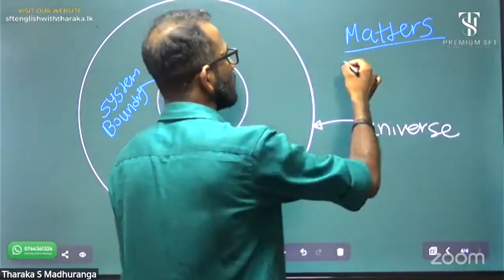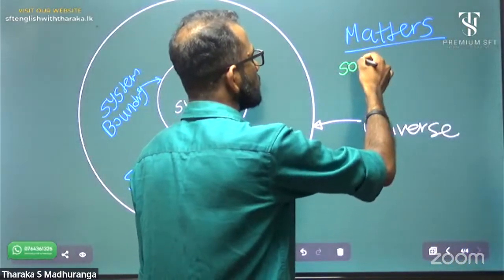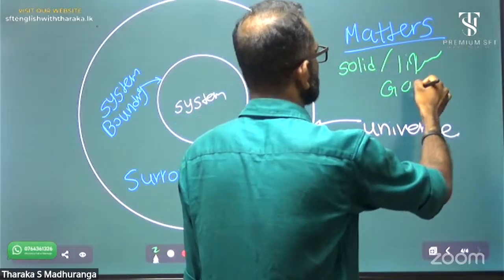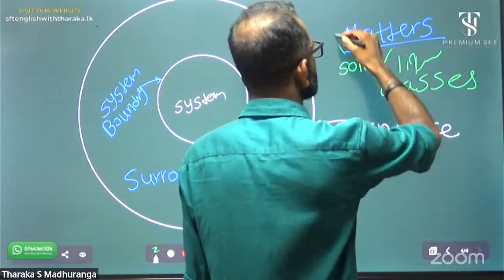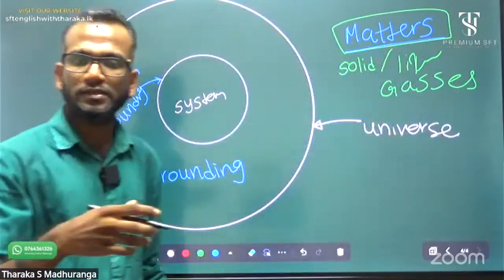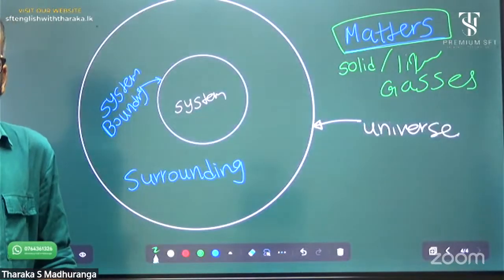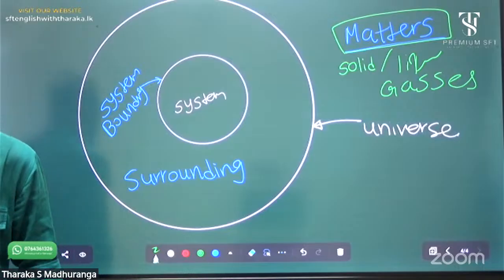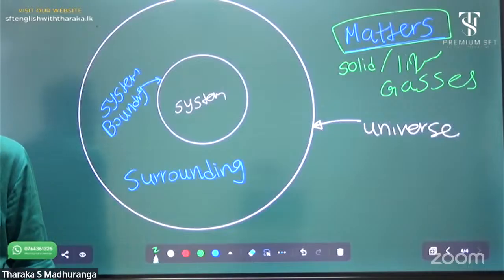Matter means solids, liquids and gases. Actually, what's the definition of matter? How can we define matter? Matter.